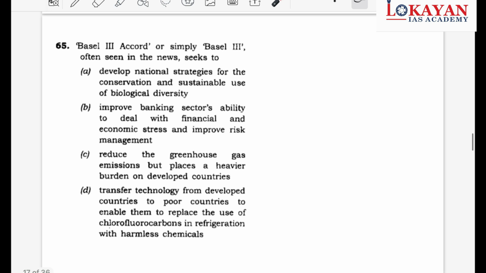Now, another important concept: the Basel Accord, Basel 3. Let's see this question carefully. This was asked in, I think, 2013 or 14. Question: Basel Accord, often seen in news.